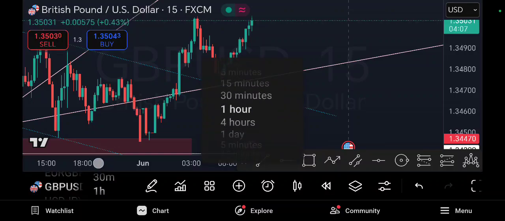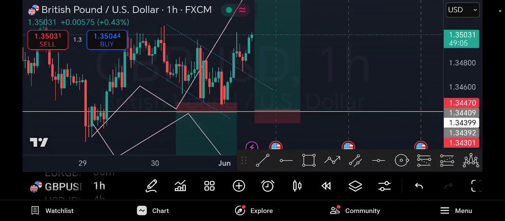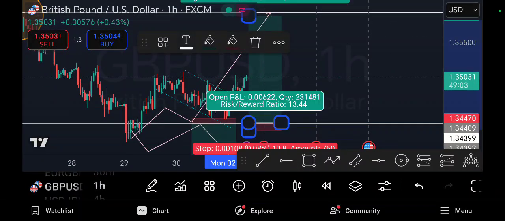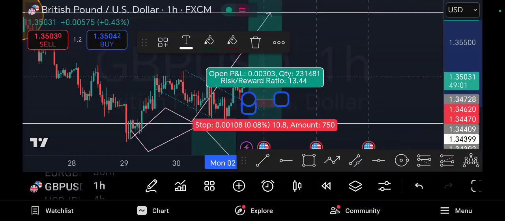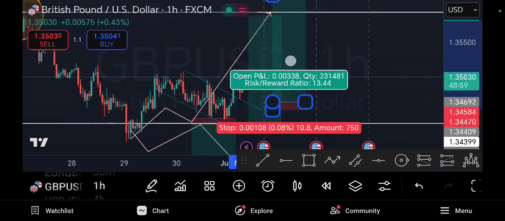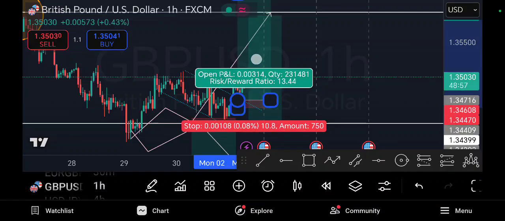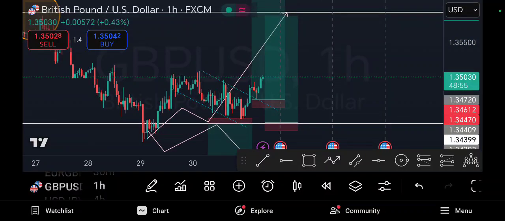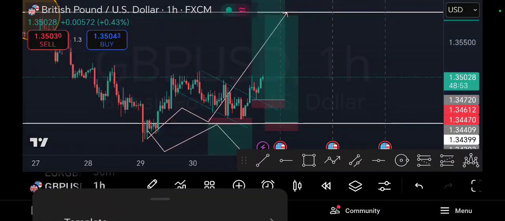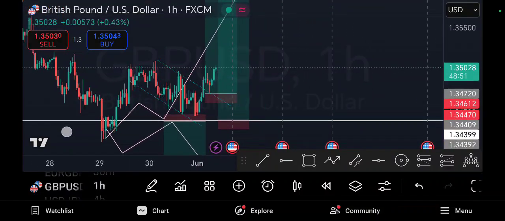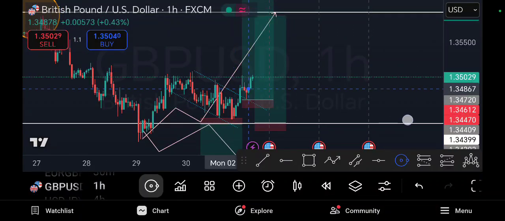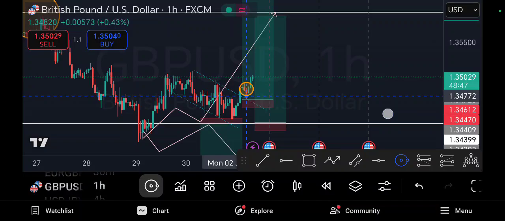So as I've said, when it gets to these key levels, you wait for a pin bar or an engulfing pattern. That's what I said. This is a clear pin bar. You could have entered there, this red one.